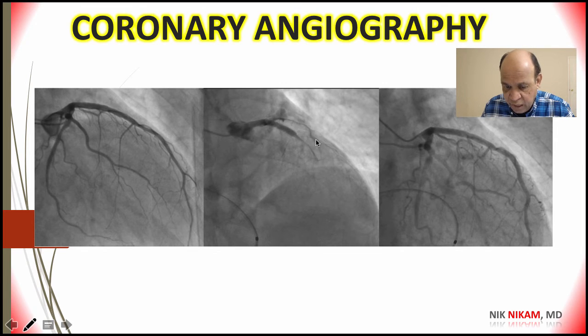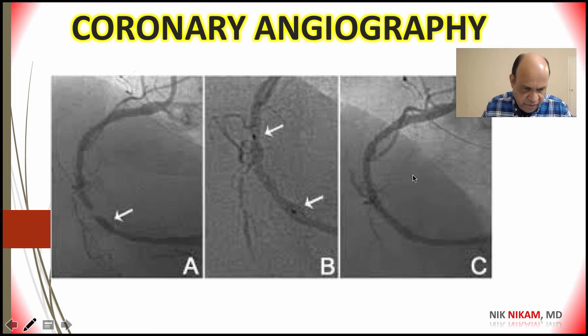So we have 2 guide wires in this, and after opening of the plaque and placement of stent, here is the re-establishment of the circulation in the left anterior descending branch, and here is your circumflex branch along with the marginal branch.